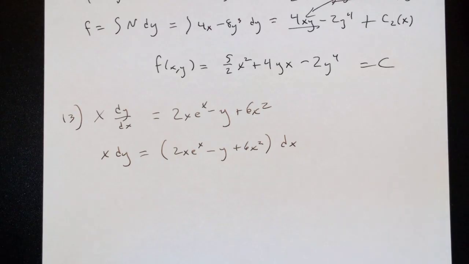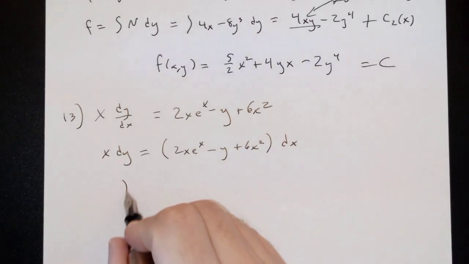For us to determine whether or not this is exact, my normal look is M dx and N dy. So I already have M dx on the right-hand side. I should probably move the other piece over. So I'm going to move the dy part over here.